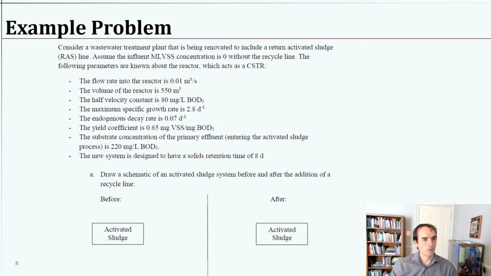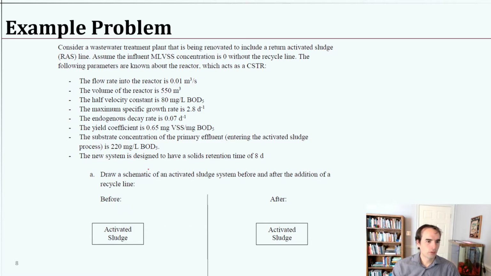The following parameters are known about the reactor, which acts as a CSTR. So it gives a bunch of parameters that we might need. Some of them are going to be similar to those default parameters in the table we looked at a few minutes ago.